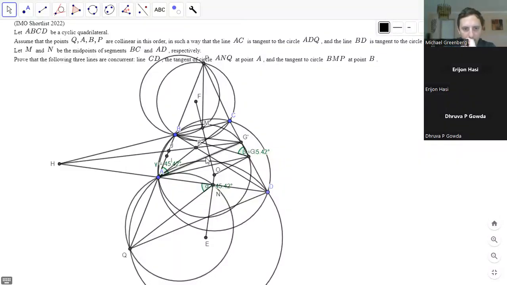Yes. So we want angle G prime AD to be equal to angle AQN.